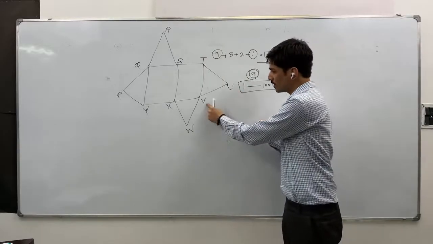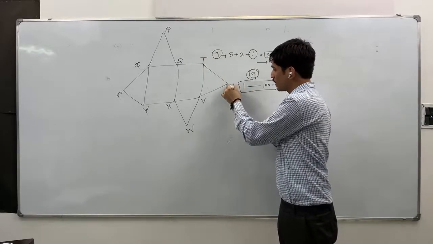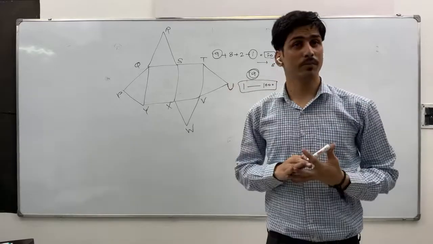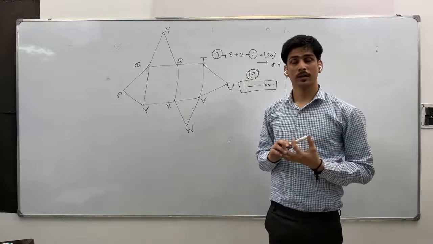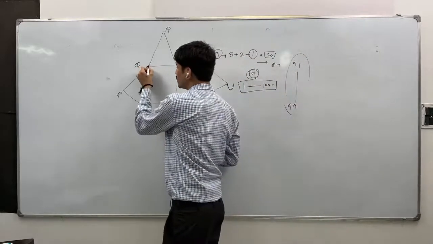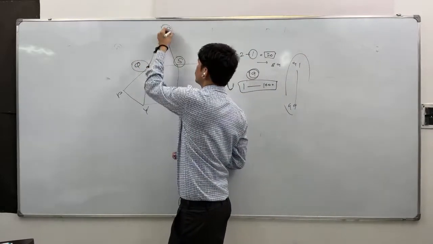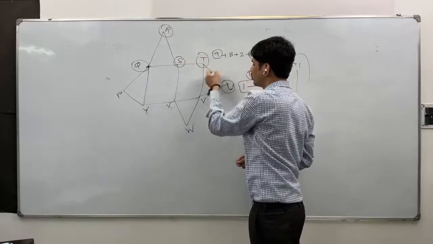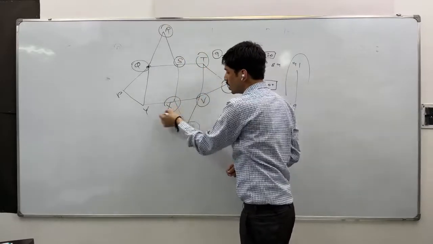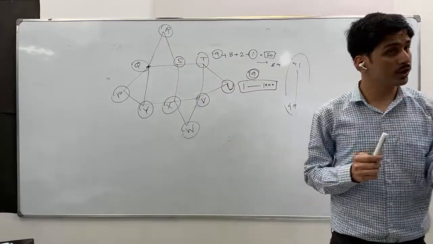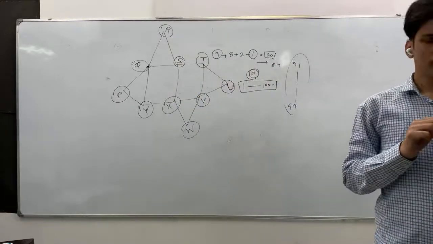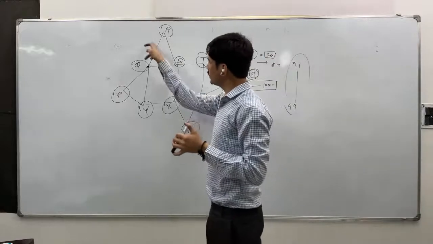Here, this corner is a city, this is also a city, and this is a road. You have to travel along each road, but you cannot go on each road more than once.